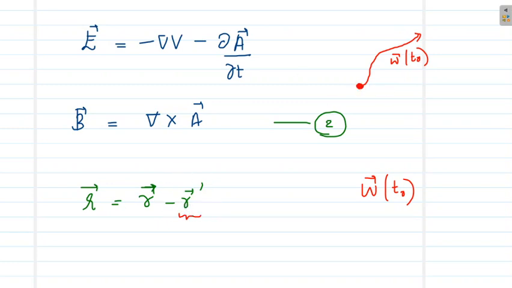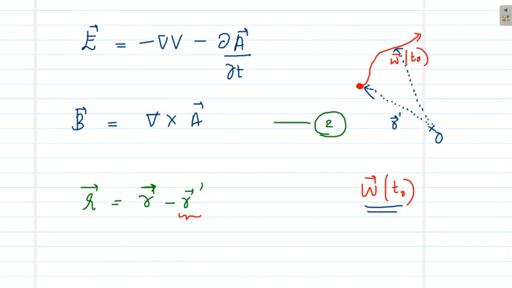The charge was situated here and we calculated curly r bar dash as the vector connecting the origin and the fixed charge. But in the case of a moving charge, r bar dash is not fixed and will be moving. So we define a vector w bar of t_r, the changing vector or the path of the moving point charge.